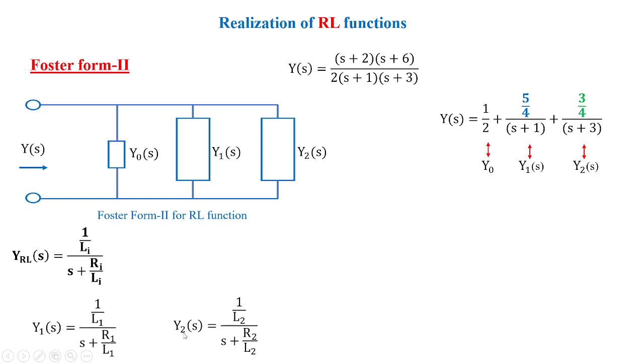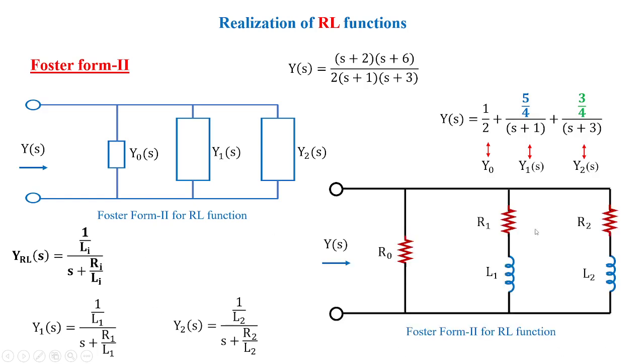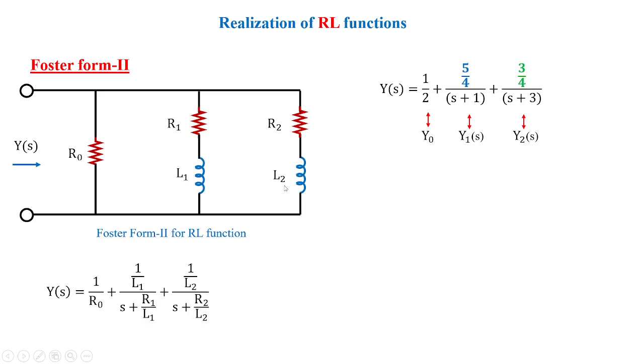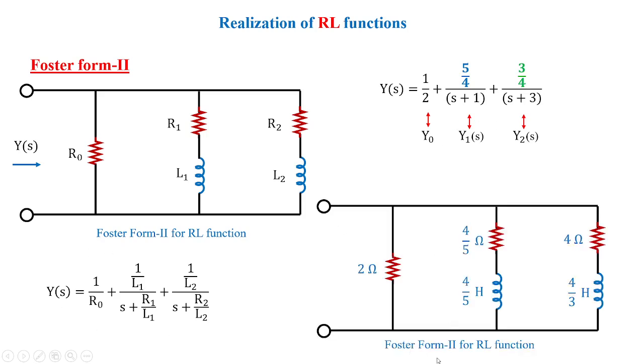So Y1 and Y2 are framed like this, and this is the Foster form 2 representation for RL function. Now with this, I'll reframe my original equation, which was obtained in the form of the answer, that is Y of S, and that can be represented by this Foster form 2 representation of RL function.